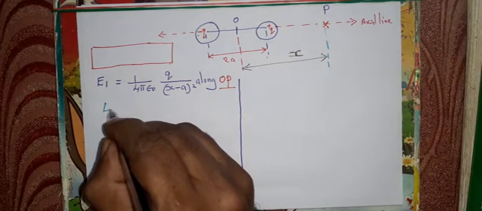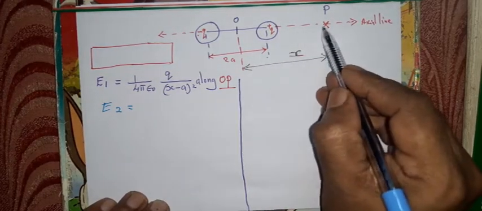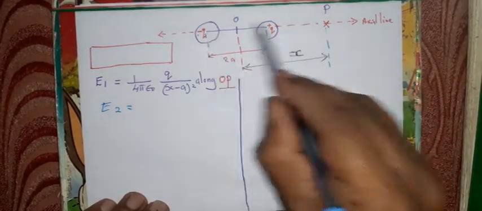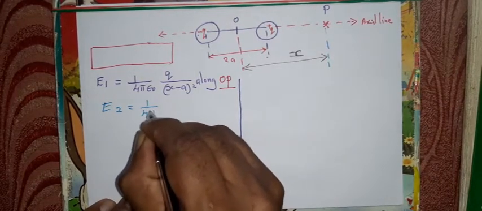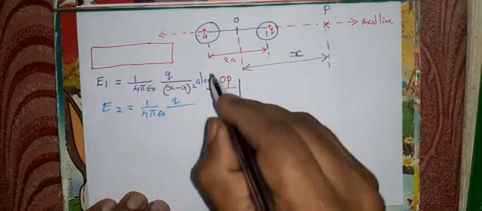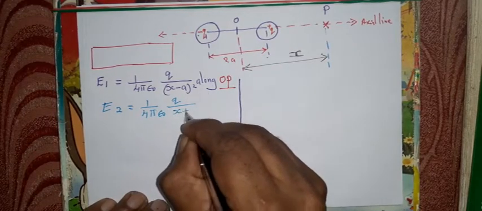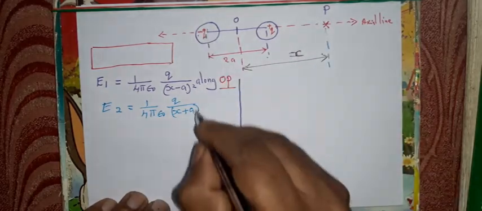That is E2. E2 is equal to the intensity of the electric field produced by minus Q at P. E2 is equal to 1 by 4 pi epsilon 0 into Q by R square. R is X plus A, the whole square.